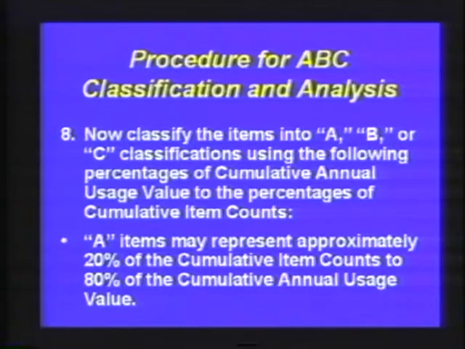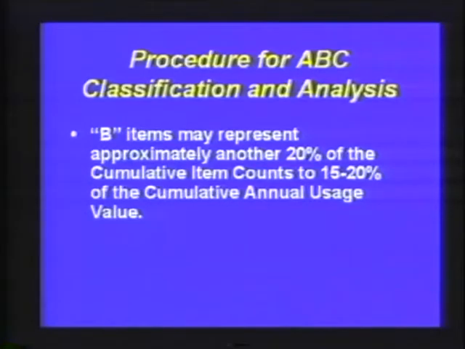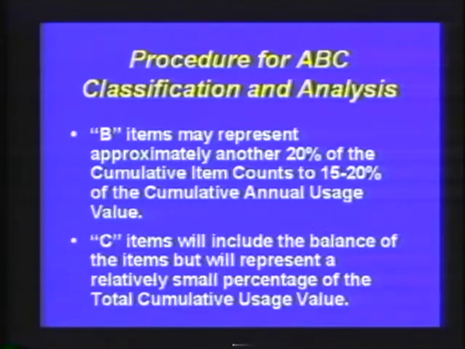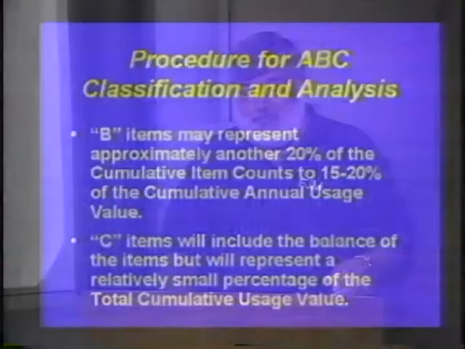And you don't have to be 100% precise, because those terms approximately means exactly what it indicates. The B items, 20% of the cumulative card count represents another 15 to 20% of the cumulative usage value, and those are identified as B, and the balance of the items are C.